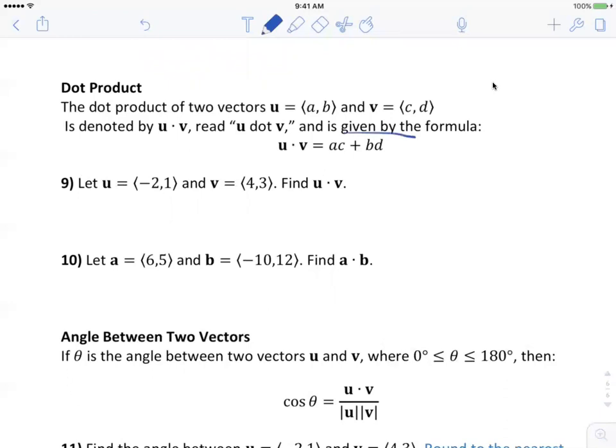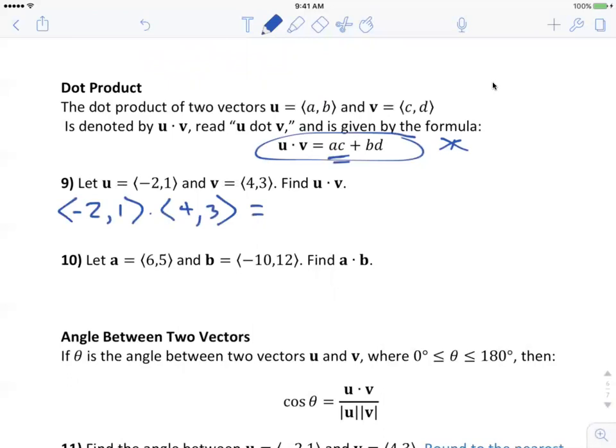So that's kind of the weird thing, right? And here's your formula, right? So when you take the dot product of two vectors, you actually just get a single number, right? I'll show you an example here. So number 9, I'm going to take -2, 1, and multiply it by 4, 3. And if I follow the rule here, it says take the a and the c, multiply together.